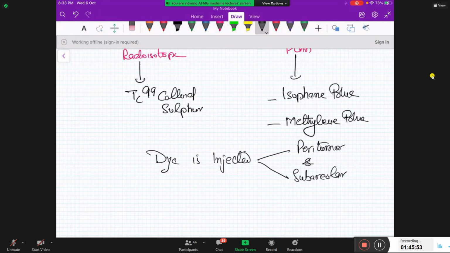अभी हम डिस्कस करेंगे इसको, जस्ट राइट डाउन, राइट? Peritumoral and subareolar.